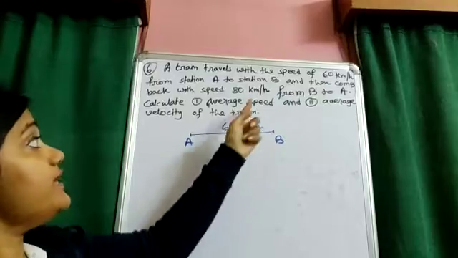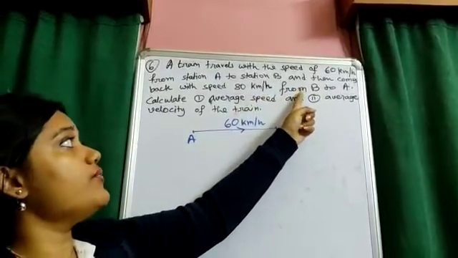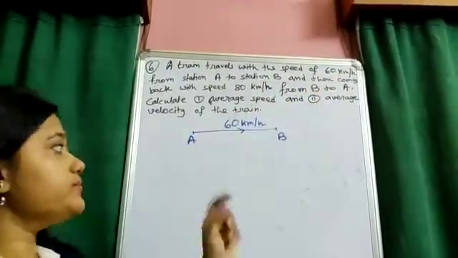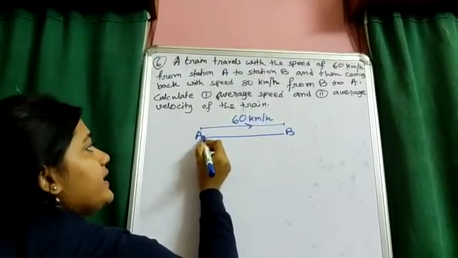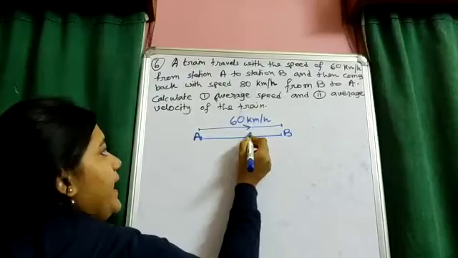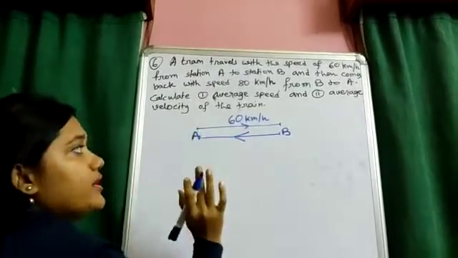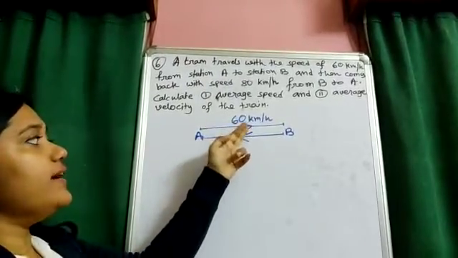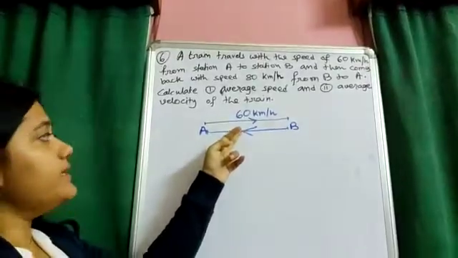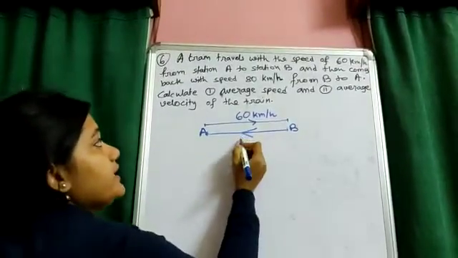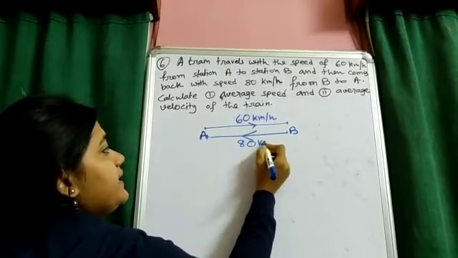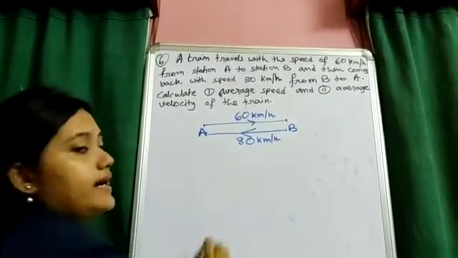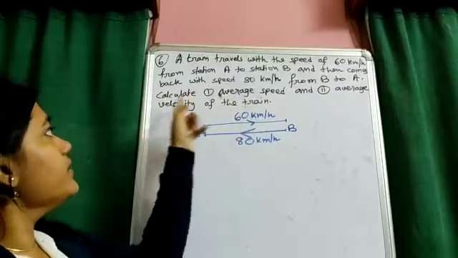Back with the speed of 80 km per hour from B to A. The same path, but to give the arrow, I have just repeated it again. They came back with a speed of 80 km per hour.